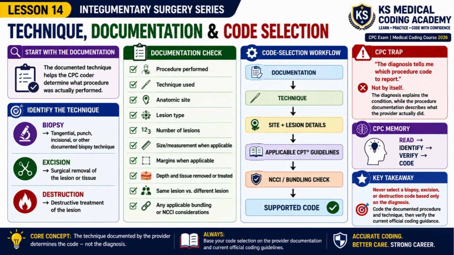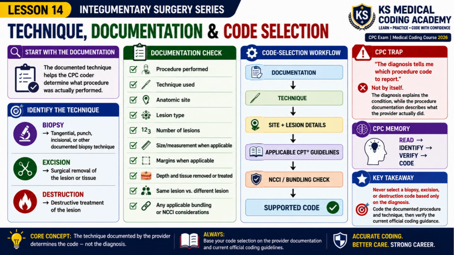Then follow the coding workflow. Documentation → technique → site and lesion details → CPT guidelines → NCCI or bundling check → supported code. Here is the common CPC trap. The diagnosis tells me which procedure code to report. Not by itself.